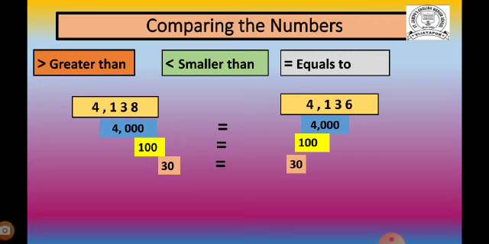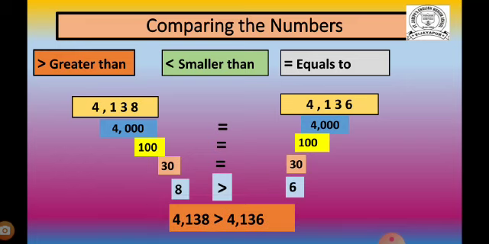Now we move to the last number, the units number. In the first number we have 8, in the second number we have 6. So 8 is greater than 6. This means 4138 is greater than 4136. On this base concept, we are going to solve question numbers 4, 5 and 6.